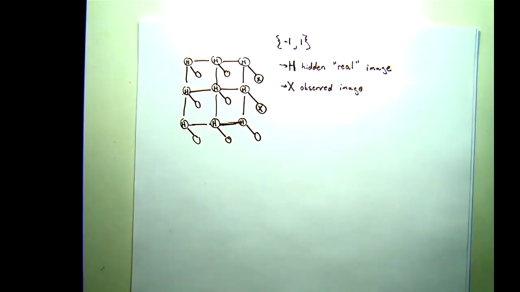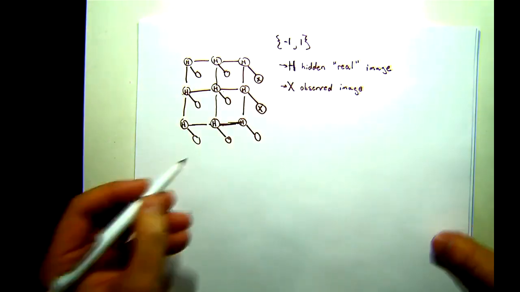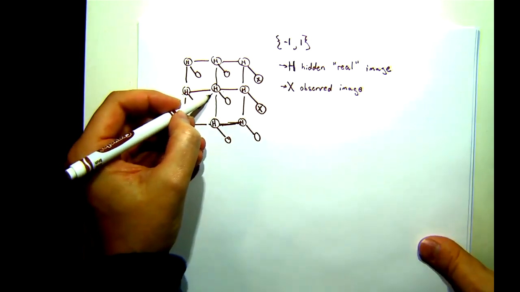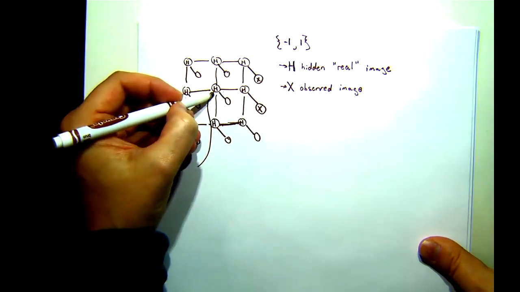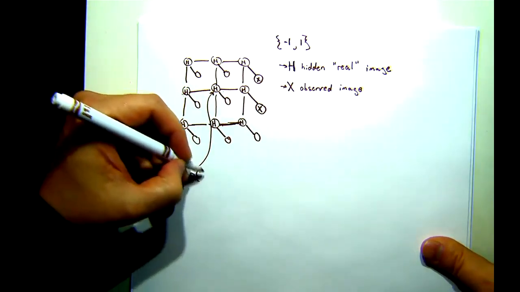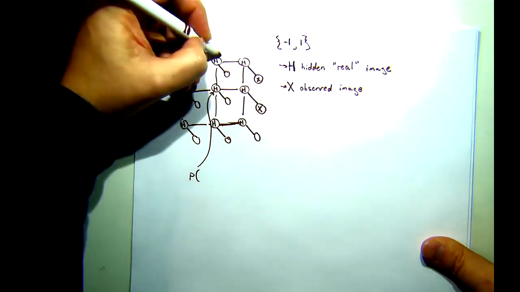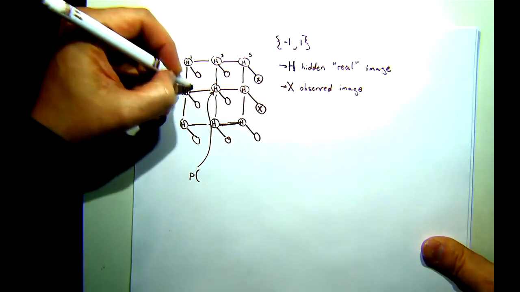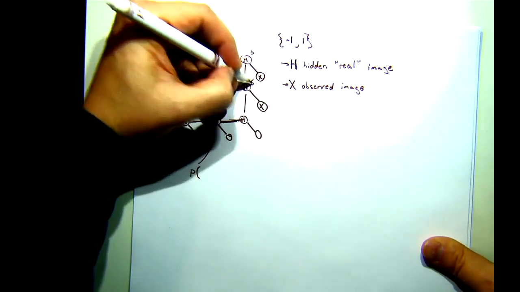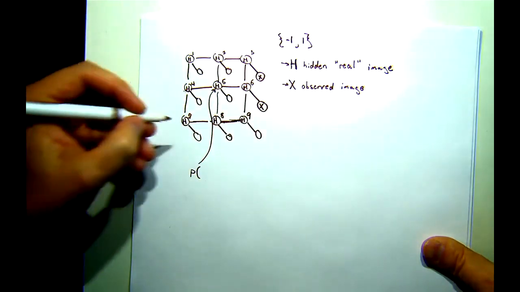More to the point, let's look at this one way in here. Let's number these: 1, 2, 3, 4, 5, 6, 7, 8, 9.